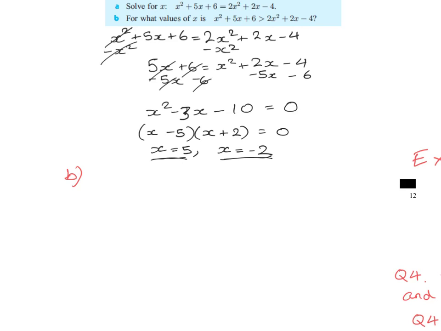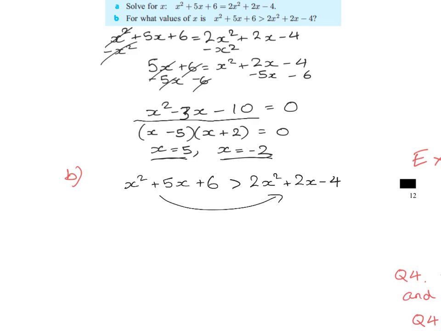Basically, what we can do is, I'm just going to show you, if we write out that inequality from B, and once again, I'm going to move everything onto that side, which will give us the same quadratic we got before, but over here, and that'll be less than 0 because all of this is moved.